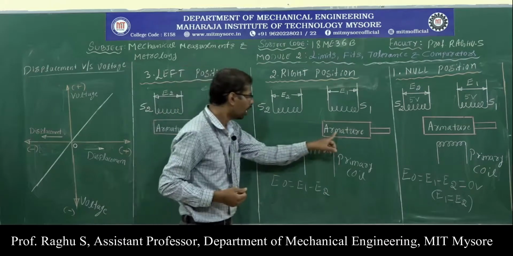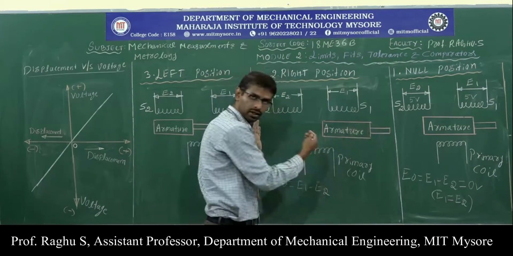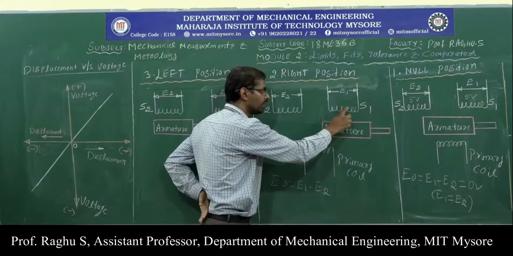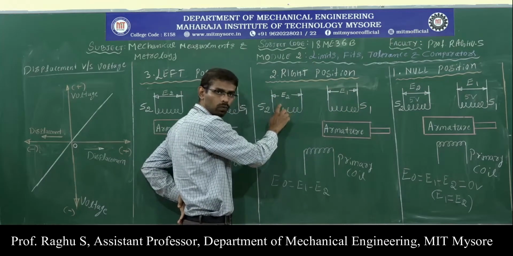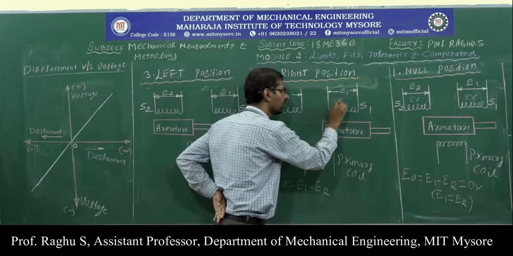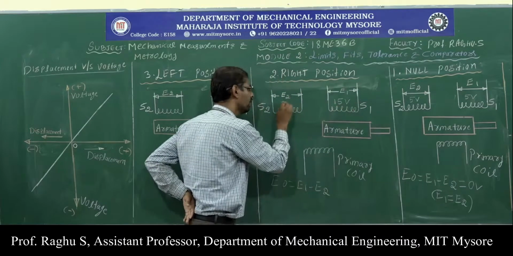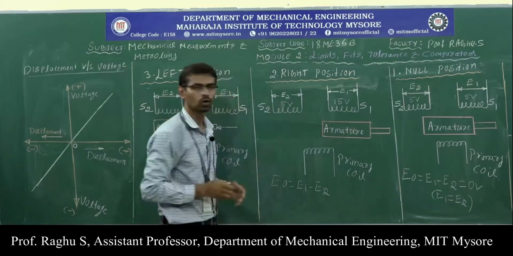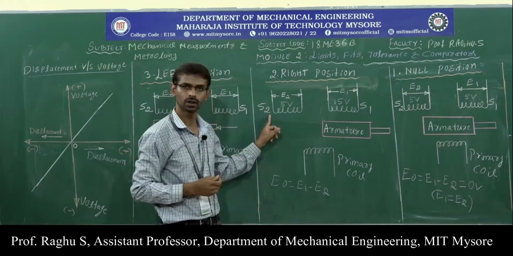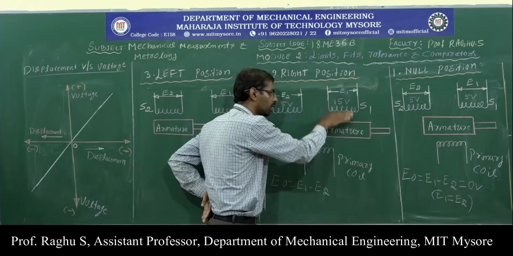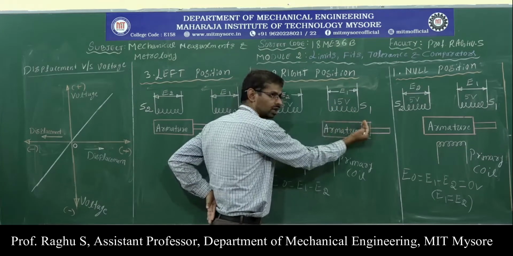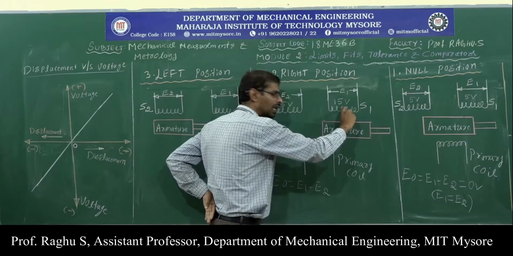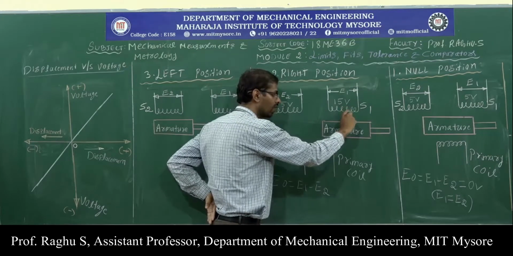When the armature moves towards right side, the voltage induced in coil 1 is greater than the voltage induced in coil 2. For example, 15 volt is induced in coil 1, but only 5 volt is induced in coil 2. Because of maximum contact with S1, the magnetic coupling is more between armature and S1.